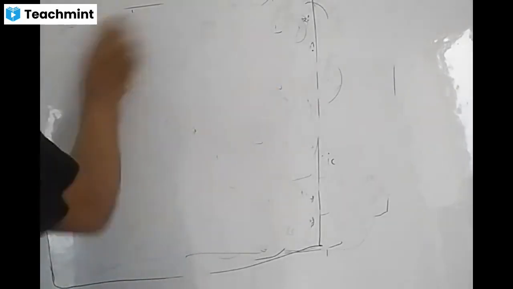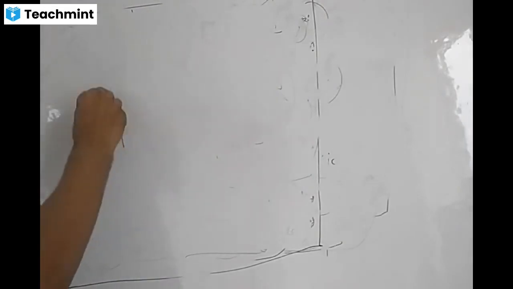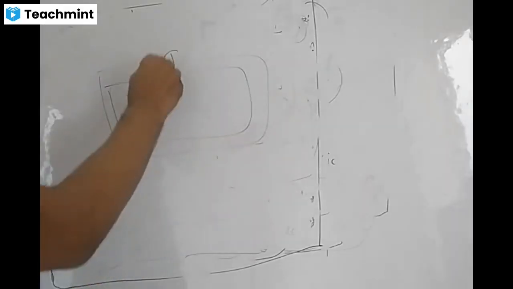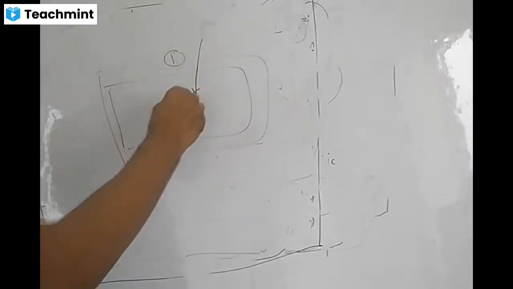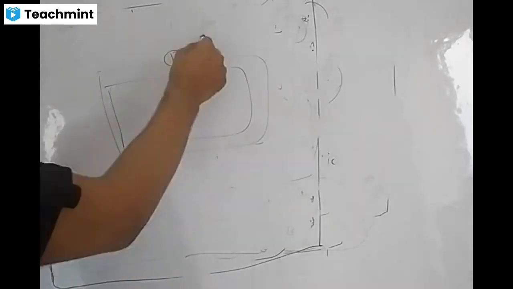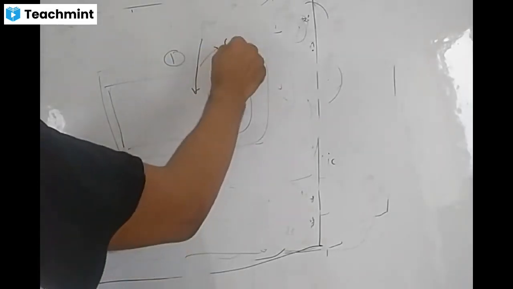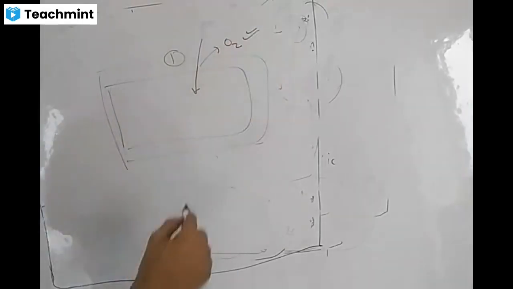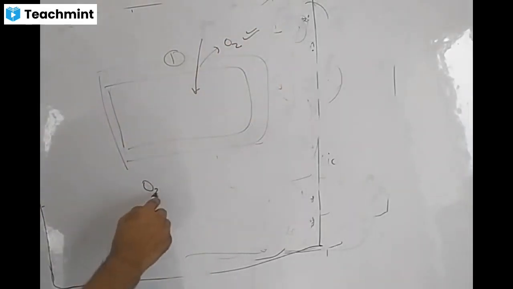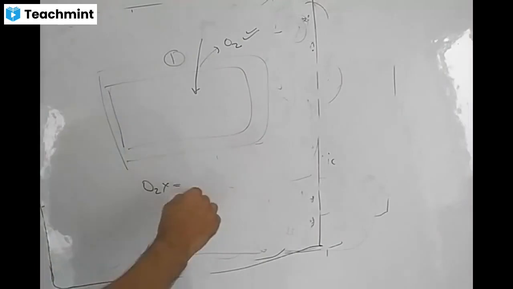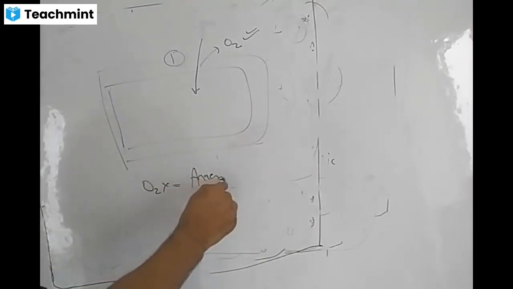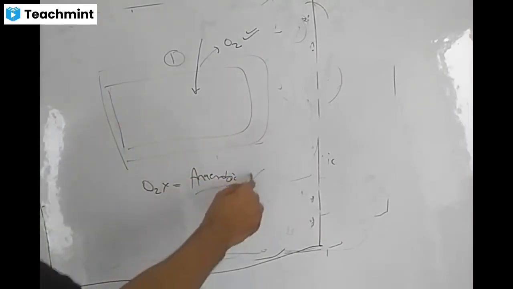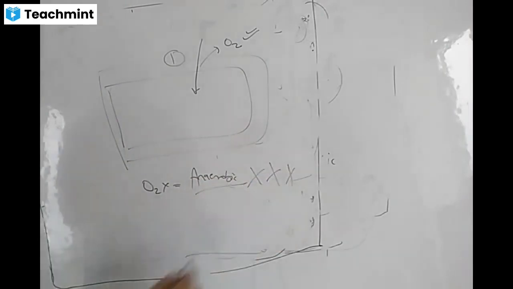So the mechanism of action for all these: suppose this is your bacteria, having the cell wall outside. The first step is entry into the bacteria. That entry is oxygen dependent. If we remove the oxygen, make this bacteria anaerobic, then it will become resistant to aminoglycoside.